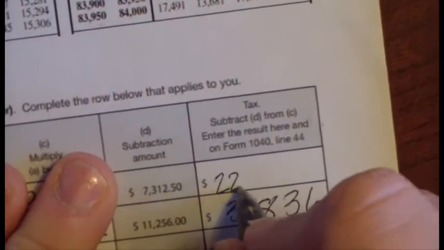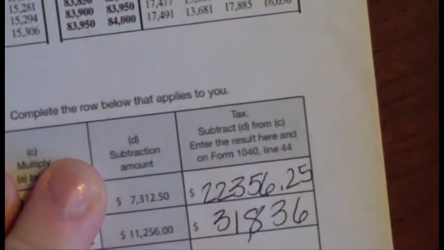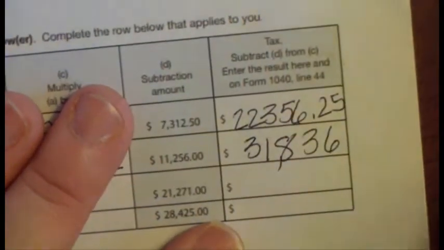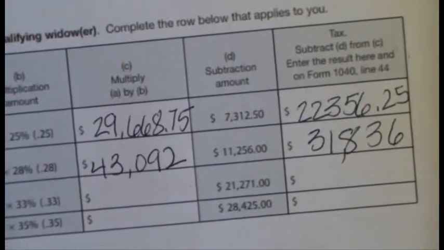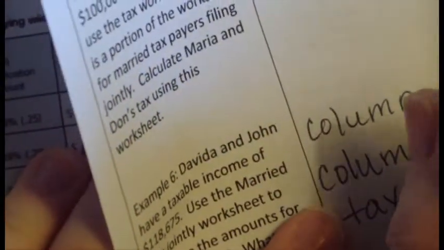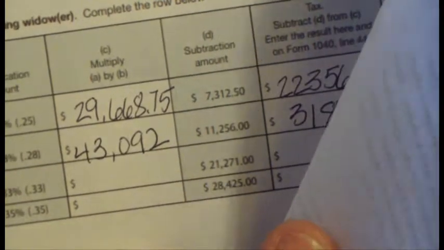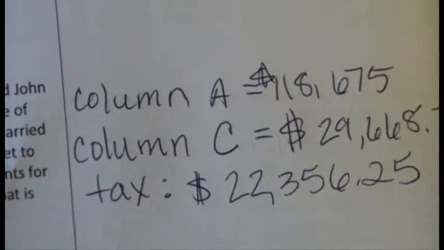So 22,356 and 25 cents is your taxable income. Or not your taxable income, your tax. So your tax, $22,356.25. So there you go.